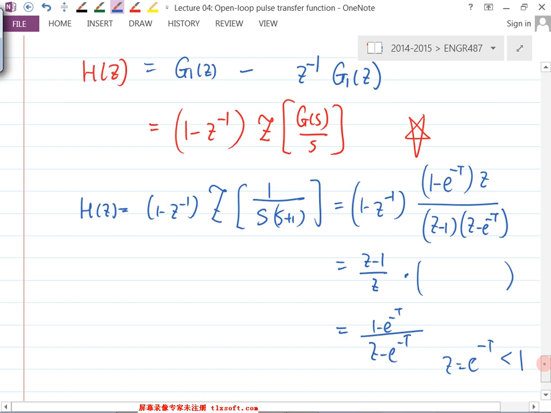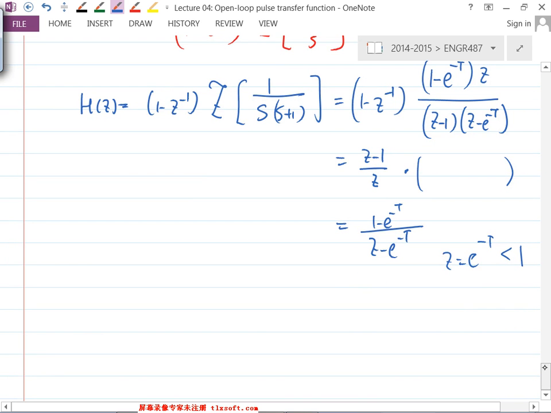So this one is a little bit funny though. When t is closer to 0, meaning sampling time is pretty fast, you're supposed to get a good approximation of the original system. But when t is a bigger value, you get a pole close to 0.